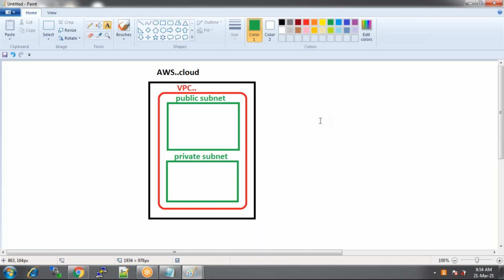Public and private subnet. And then within the subnets, we'll be creating our instances. So I'm creating instances over here, instance 1 plus instance 2. I have two instances.